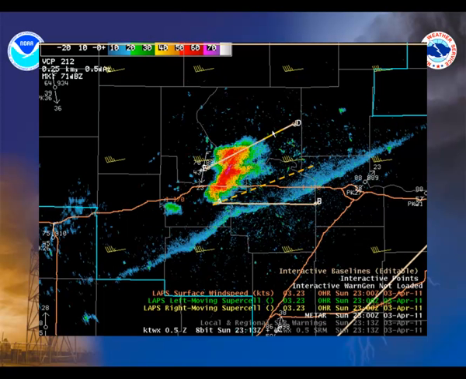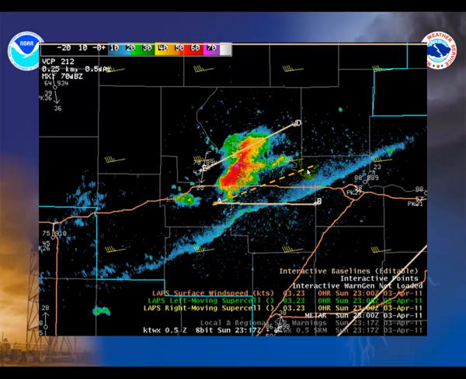I put the tan lines here as the northern and southern extent of our polygon that we decided on, and this dashed orange line is the southern extent of what the default extrapolation polygon would have been here. So let's see what happens with time.